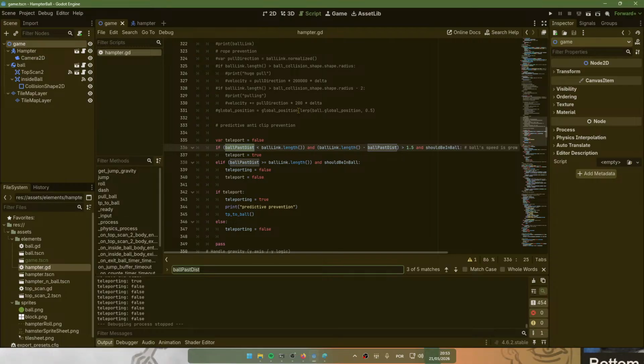So if the ball length of the previous frame is smaller than the ball length of the current frame, and the length of the current frame minus the length of the past frame is bigger than 1.5, it should be on ball. That makes sense. Make the teleport.